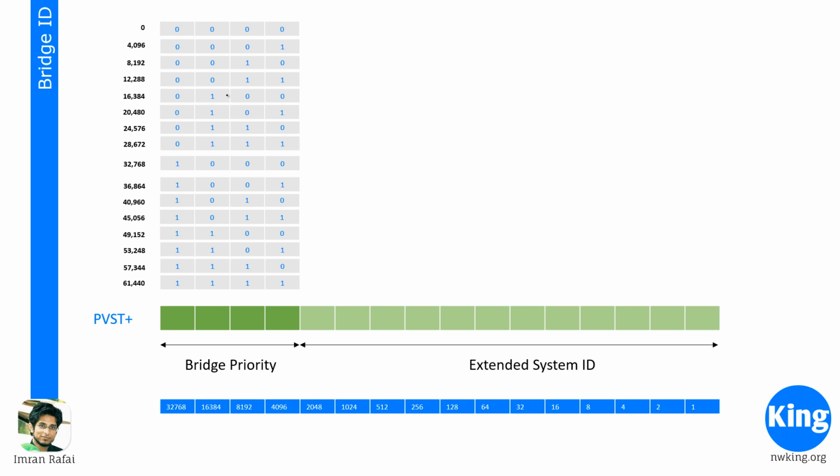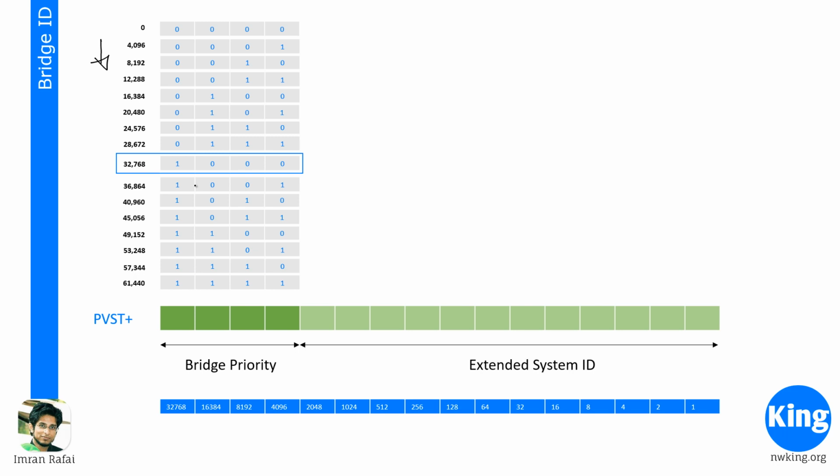Depending on which bits you change, it would be one of these numbers. You have these 16 combinations, and each of them has an increment of 4096. By default, all Cisco switches have a priority of 32768, but you could choose any of these numbers as a priority, right? These are the only valid numbers that you can use for your bridge priority.